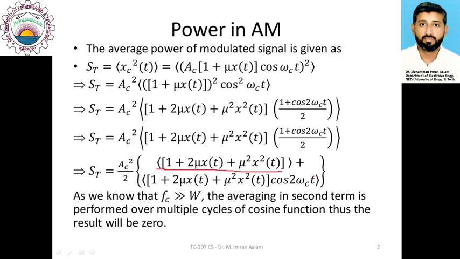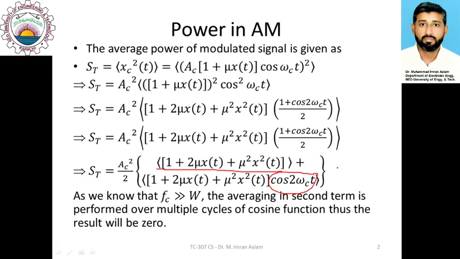So let me first discuss the second part, because this has a very good term, which is cos 2 omega c t. Cosine functions and sine functions, sinusoidal functions, have a very interesting property that half of the cycle is positive and the remaining half cycle is negative. So whenever we integrate or calculate average over an entire cycle, the result would become 0.